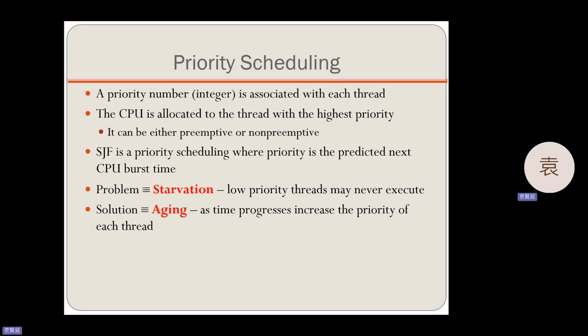The next is priority scheduling. Shortest job first is a kind of priority that uses the next CPU burst time as the priority. A shorter one gets higher priority. But in general, a priority number or integer is associated with each process, and this priority number can be anything humanly, artificially defined.